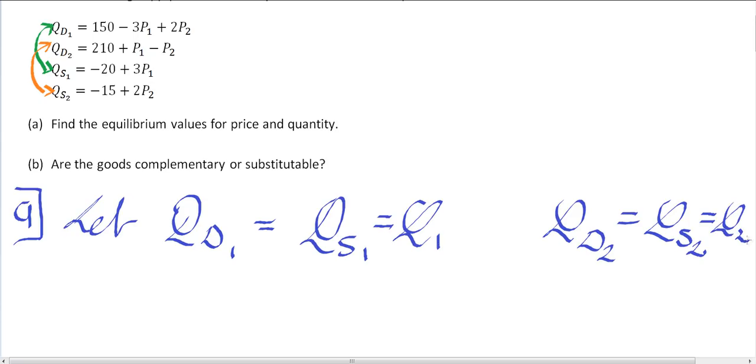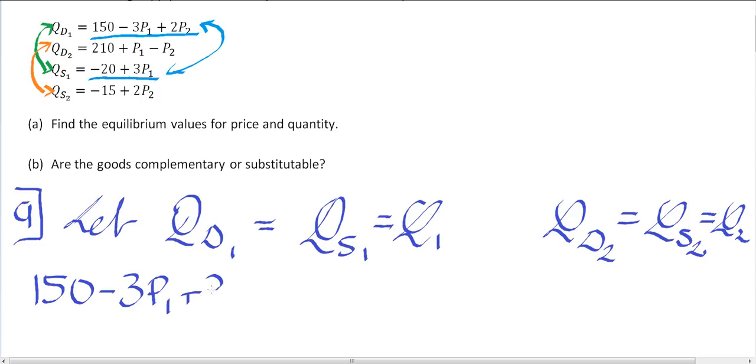Okay, so really what I'm going to do, there's QD1 and there's QS1, so I'm going to let these two expressions equal each other. So we'll just put them in underneath. For this QD1 I have 150 minus 3P1 plus 2P2, and I'm going to let that equal QS1, which is minus 20 plus 3P1.